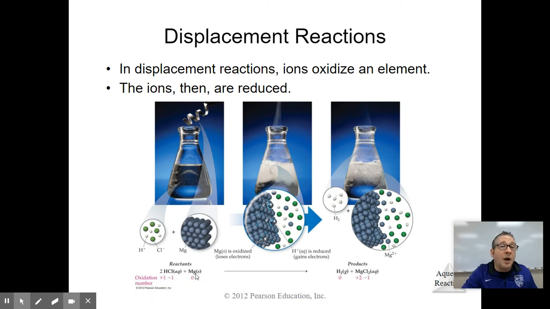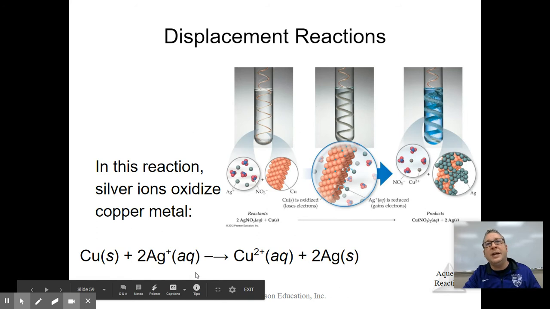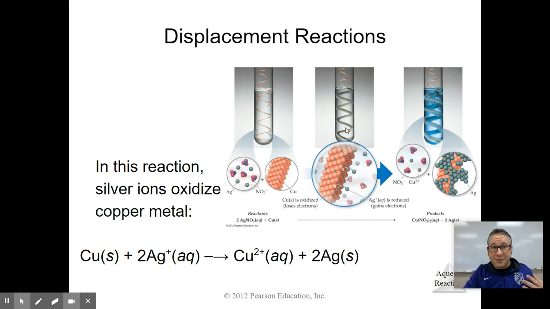This displacement reactions idea is also going to play into the last topic that we're going to talk about today, called the activity series, but we'll get to that in a little bit. This example right here is exactly what we did in the last lab, where I put copper into a solution with silver nitrate, and we got this reaction. It's exactly what happened.